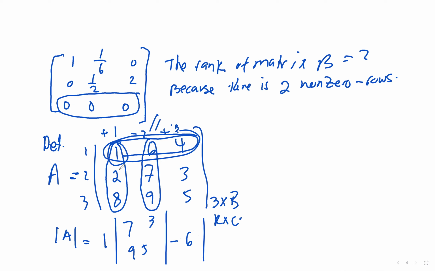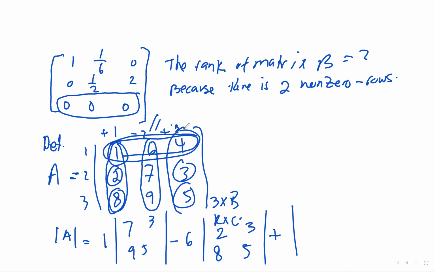What we are left with is 2, 3, 8, and 5. So again, plus, minus, plus, and then you can say cover it, block it, whatever is easy for you to understand.